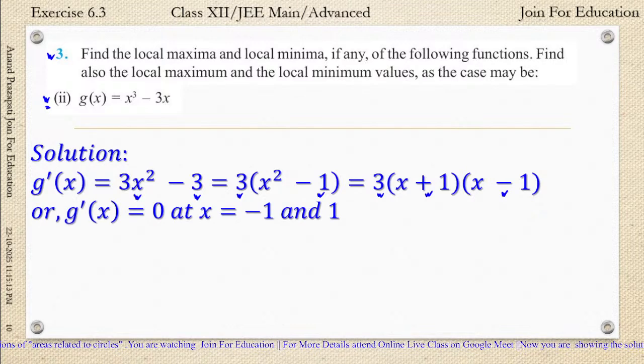So first derivative of gx, or g dash x, equal to 0 at x equal to minus 1 and 1.